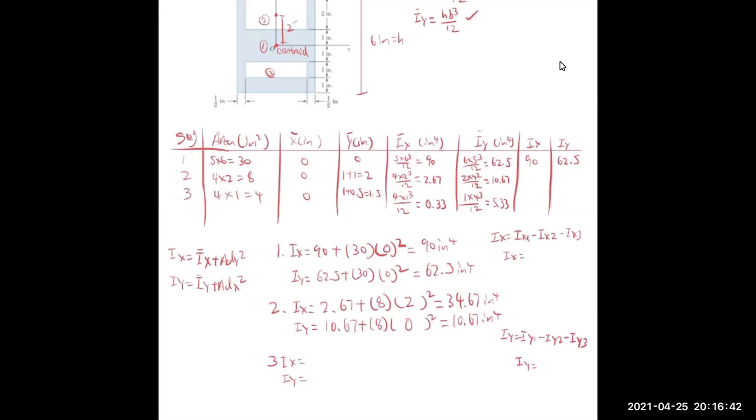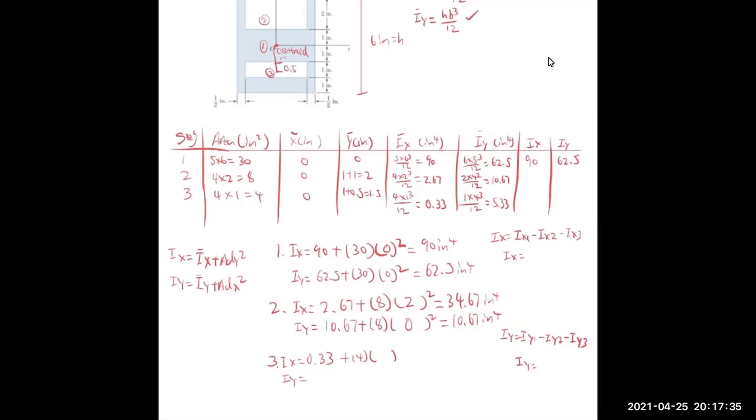All right. And then let's find out segment 3 right here. Segment 3 will be 0.33, which is the I bar x, plus the area, which will be 4, and then multiply by the dy, which will be right here. This is 1 inch, right?